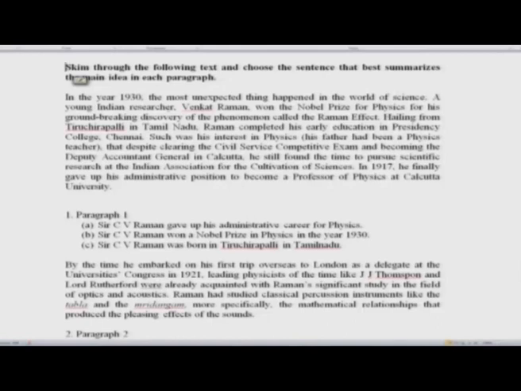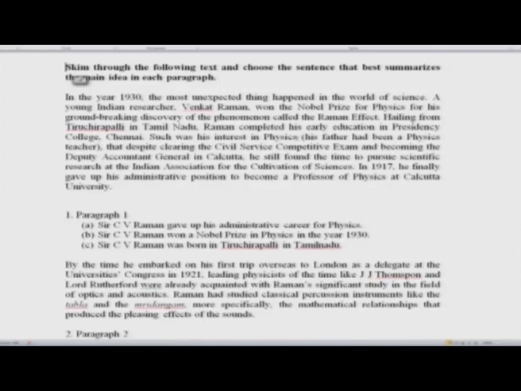A young Indian researcher, C.V. Raman, won the Nobel Prize for Physics for his groundbreaking discovery of the phenomenon called Raman effect. Hailing from Tiruchirappalli in Tamil Nadu, Raman completed his early education in Presidency College, Chennai.